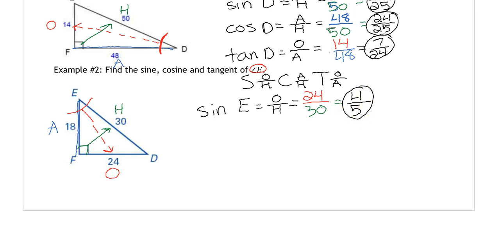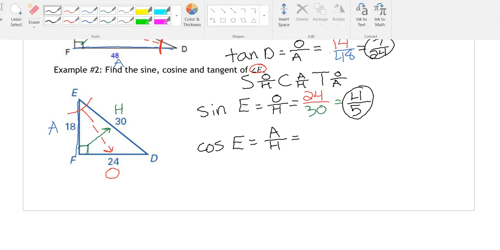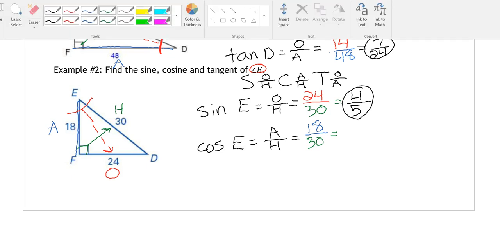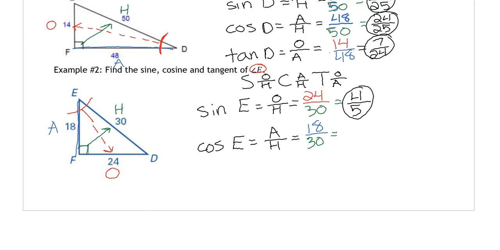So sine of E equals 4/5. Cosine of E equals adjacent over hypotenuse. My adjacent side is 18. My hypotenuse, again, is 30. When we reduce 18 out of 30, we get 3 out of 5.